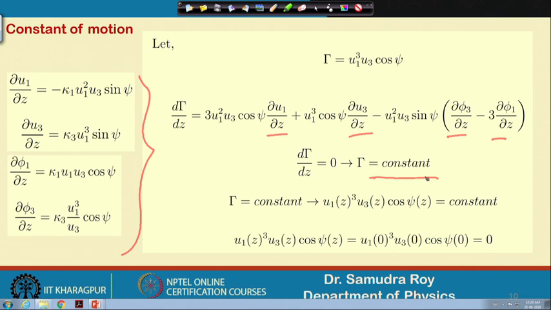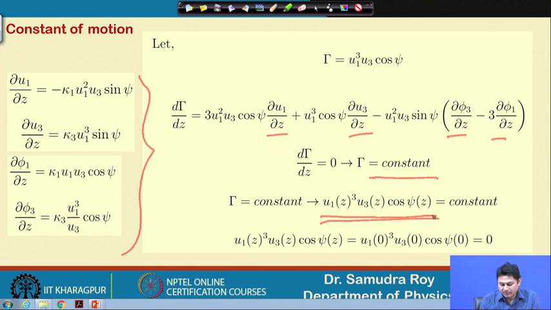So, this is a constant of motion. That means all 3 functions are functions of z, but this combination is constant over z. That means, whatever the value of this function at z equal to z, it should be the same at z equal to 0, because they are constant.